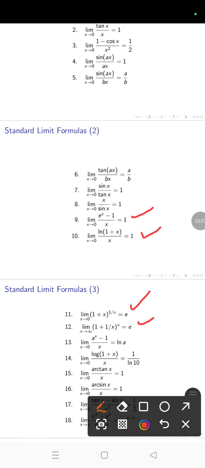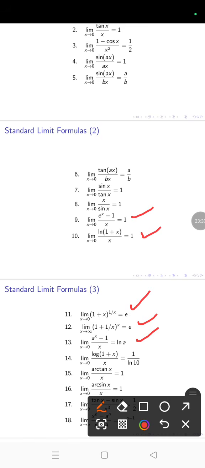Limit of 1 plus 1 by x whole to the power x as x tends to infinity is equal to e. Only the marked formulas we have to remember, otherwise other formulas we can derive from these. I am marking the formulas we have to remember.